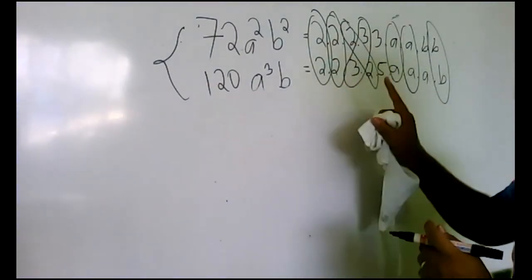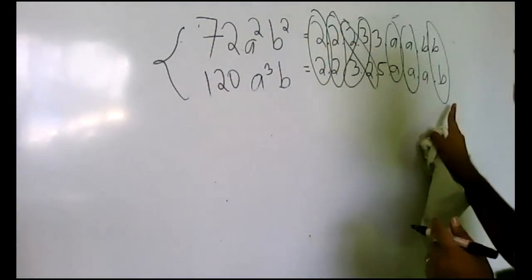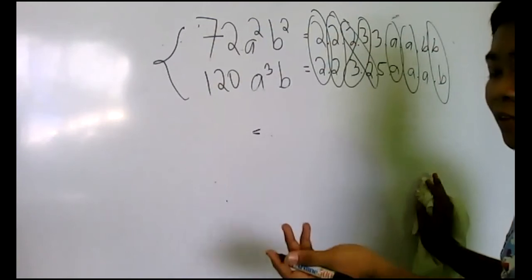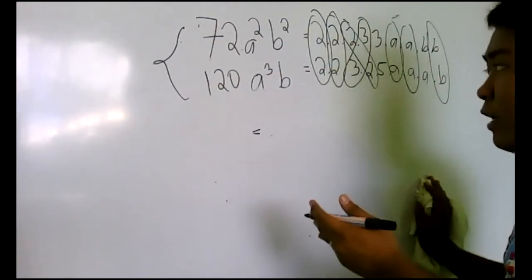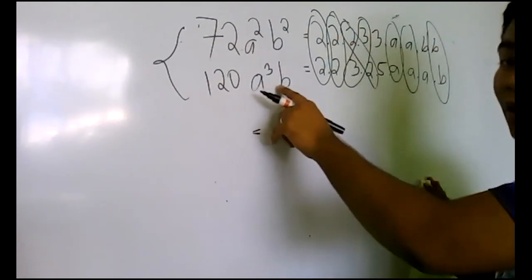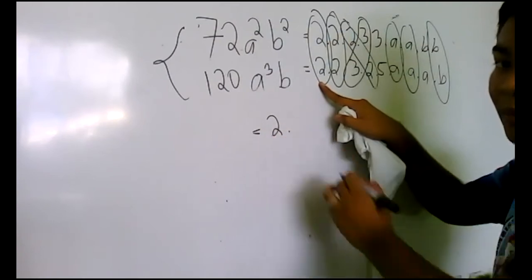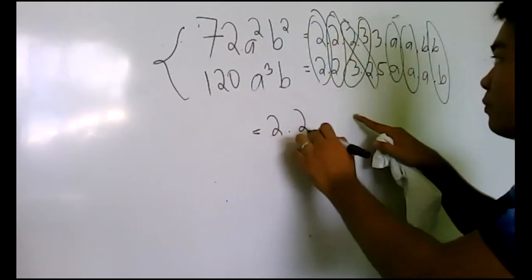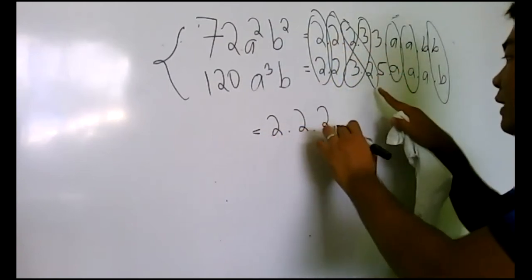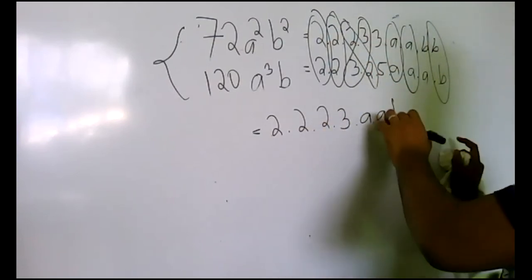So basta yung magkakaparehas lang ang kunin. Therefore, the greatest common factor for 72a squared b squared and 120 a cubed b is 2 times 2 times 2 times 3 times A times A times B.